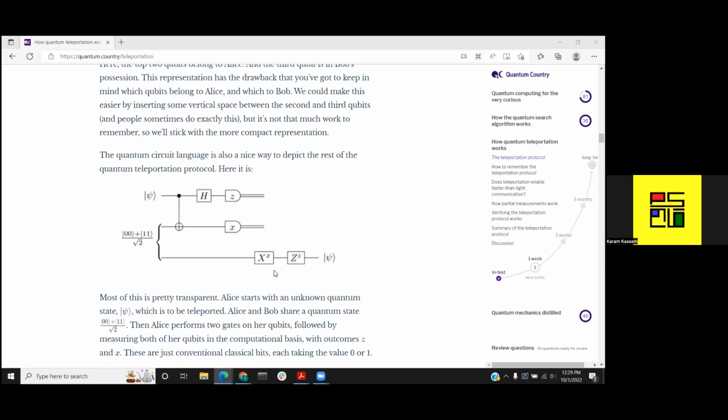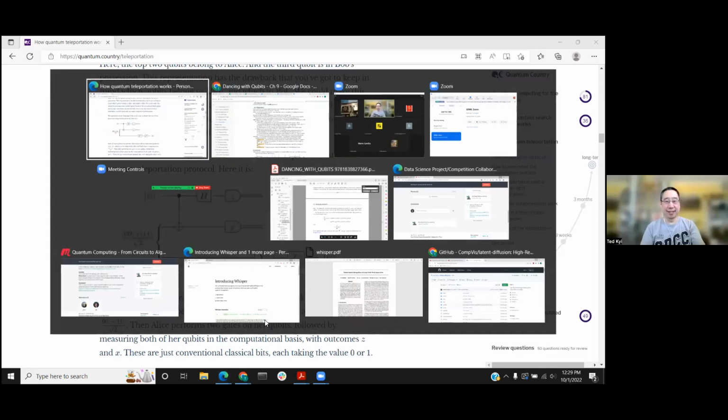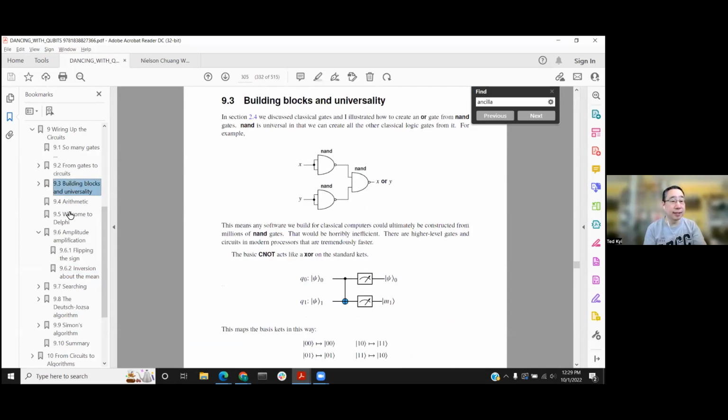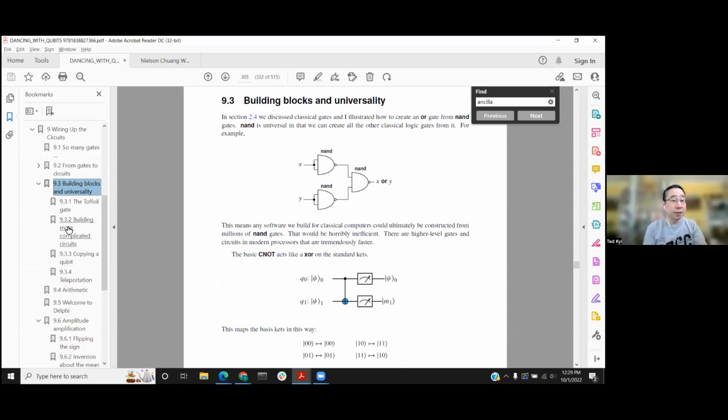Yeah. So hold on a second. In the book, just teleportation.